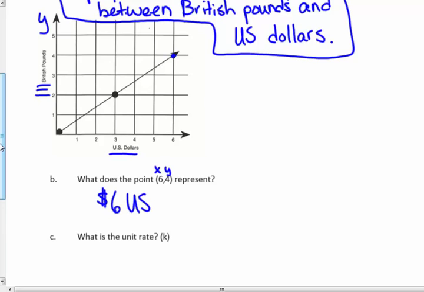So $6 US is a value of, or is worth, because it's talking about what it's worth really here, 4 British pounds.